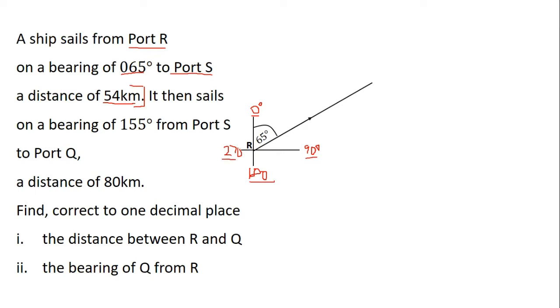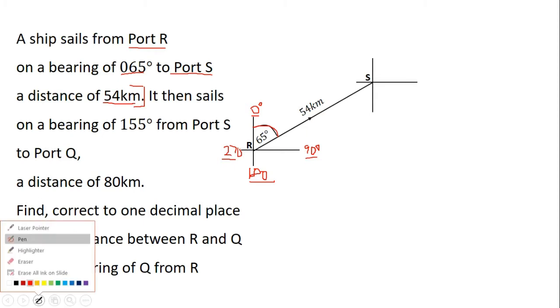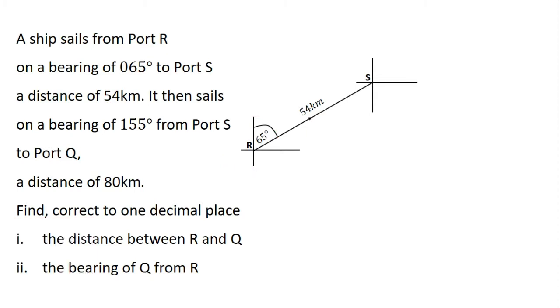So it started on a bearing of 65 degrees. So it started from 0 here, 65 degrees. Then you draw the line through it. It started from Port R to Port S. Now the distance between Port R and Port S is 54 kilometers.